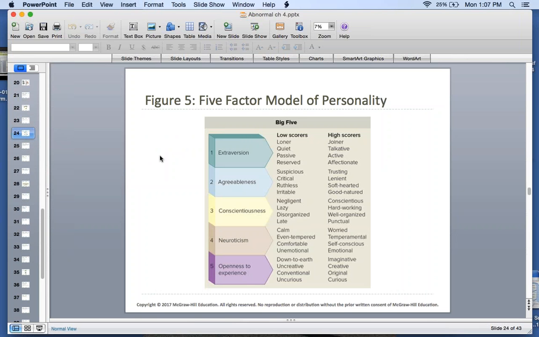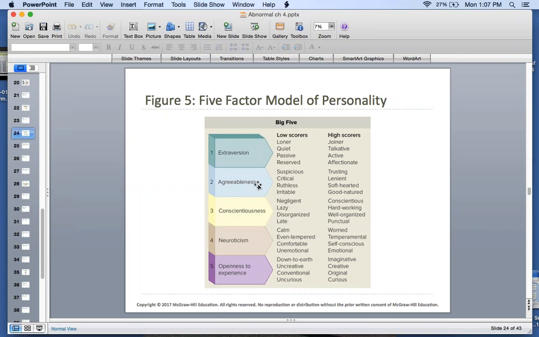The 5-factor model is extroversion, agreeableness, conscientiousness, neuroticism, and something we call openness to experience. And if you think about that assessment, it was NEO, so N, neuroticism, E, extroversion, O, openness to experience, and then personality inventory.